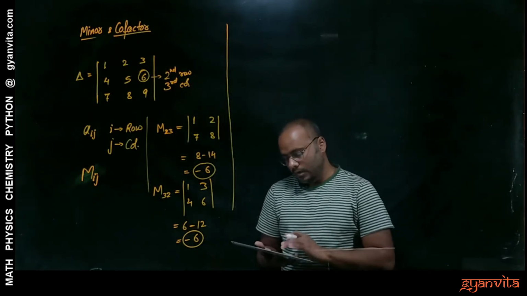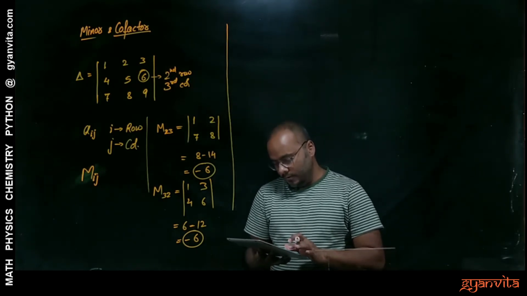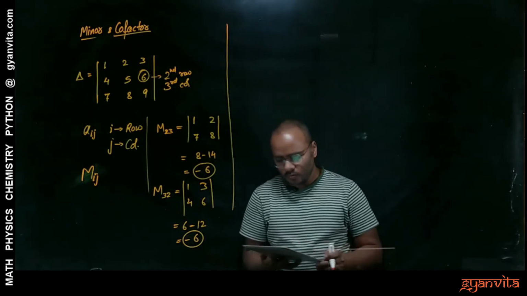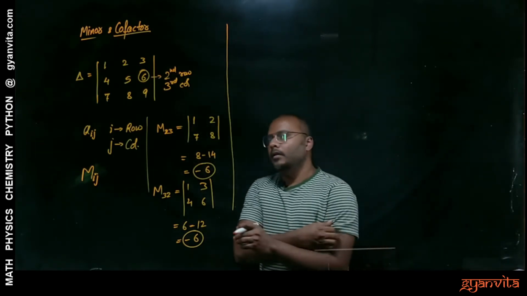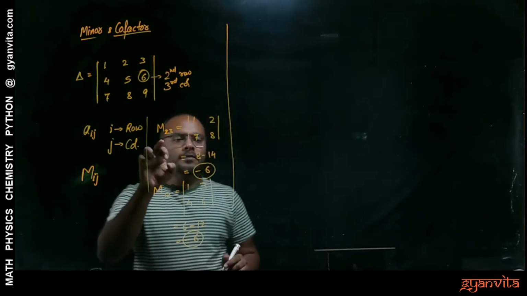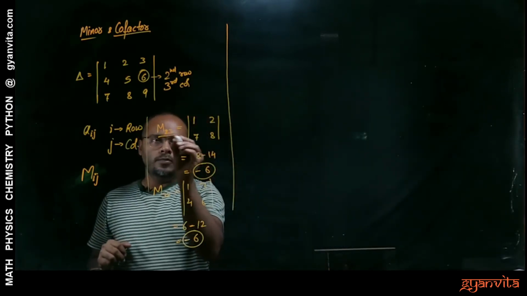Okay, now coming to cofactors. A cofactor is very simple. For example, here, the minor of 2, 3 was minus 6.